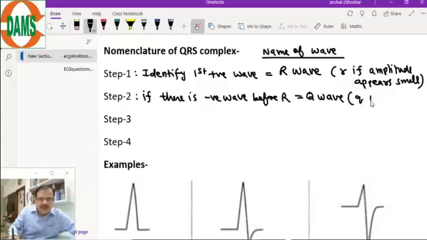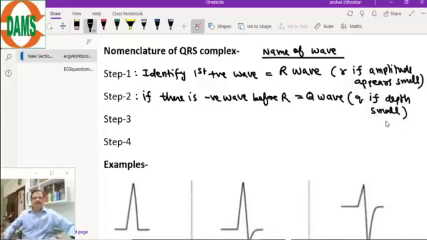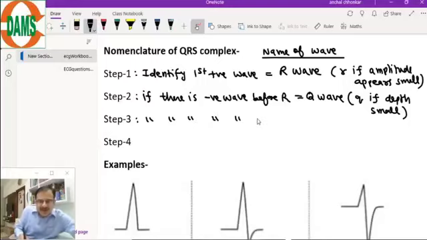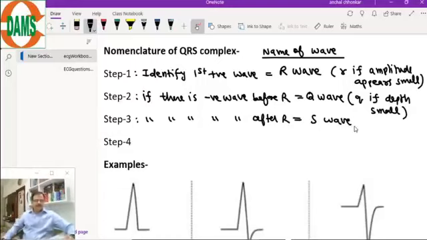Small q if the depth is small. Now third step, if there is a negative wave after R, call this an S wave. It will be known as an S wave.